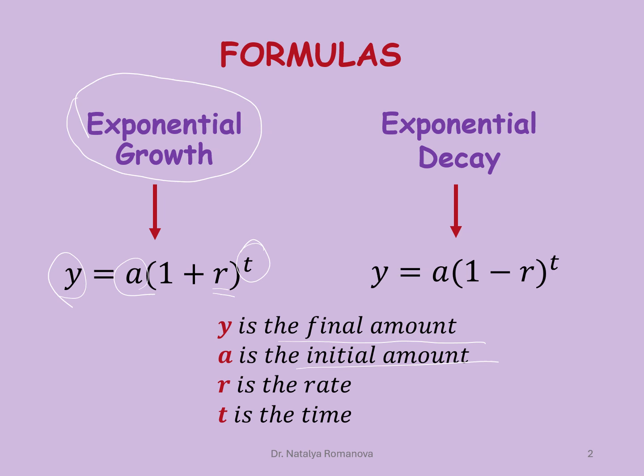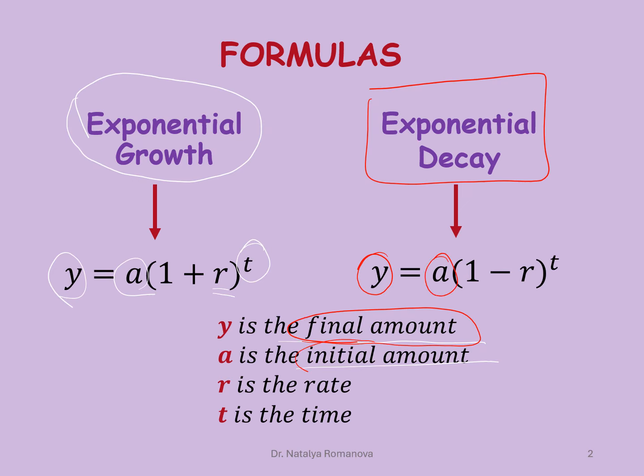We will use the exponential decay formula, y equals a times (1 minus r) to the t, with the same meaning: y is final amount, a initial amount, r rate, t time. So for decay, we will use minus inside parentheses. For exponential growth, we will use plus in parentheses.